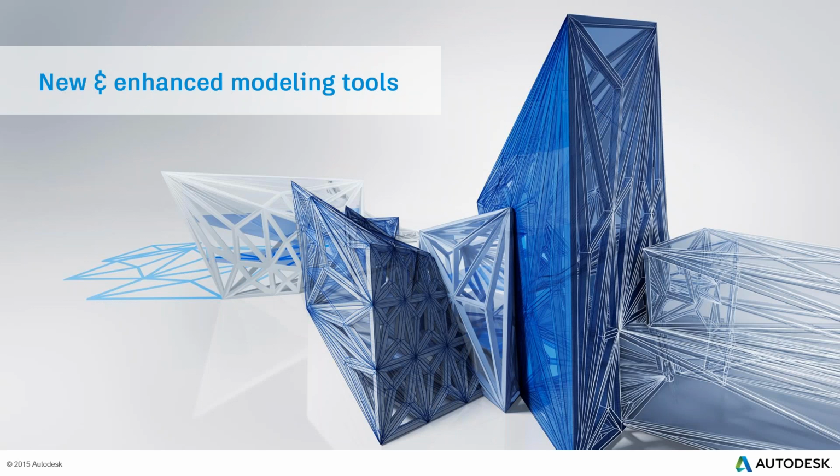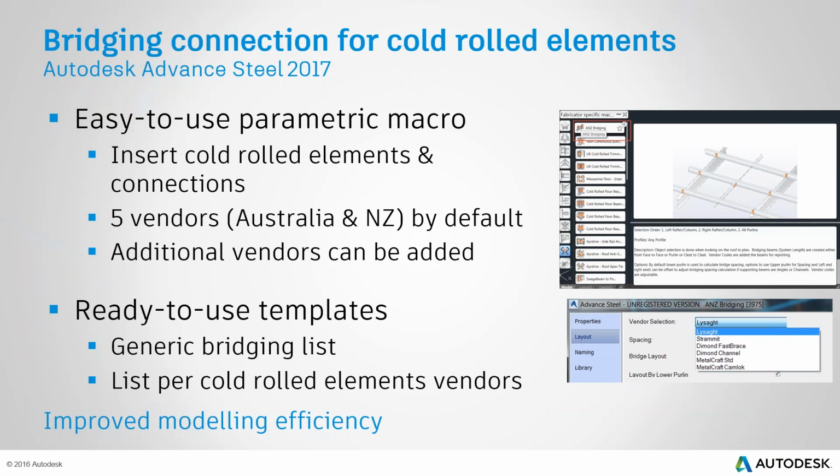Some of the new and enhanced modeling tools in the user interface. This is a new parametric macro for cold rolled elements and connections. It's been asked for by a lot of people in Australia and New Zealand, so it's been added as the default product.